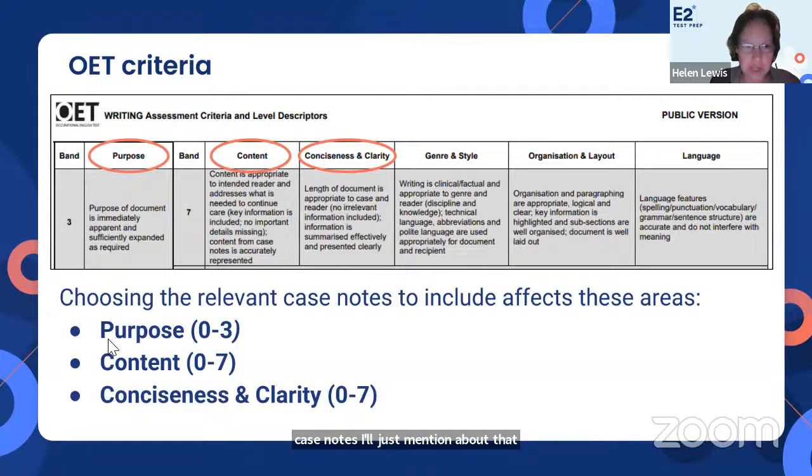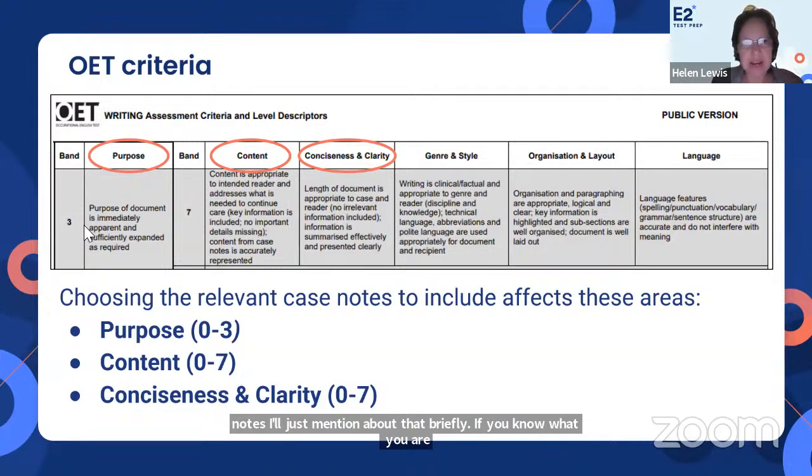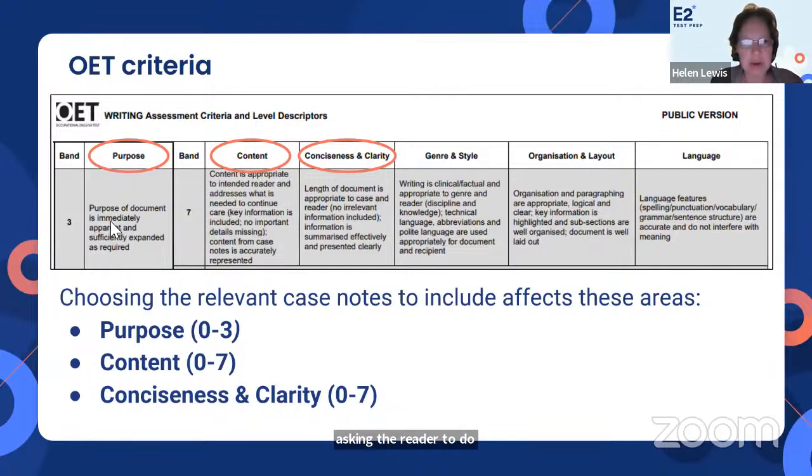If you know what you are asking the reader to do, if you're very clear about that, then your purpose is going to be immediately apparent. Okay. Similarly, you're going to include the key information and no important details will be missing. So that's the description of a 7 out of 7.